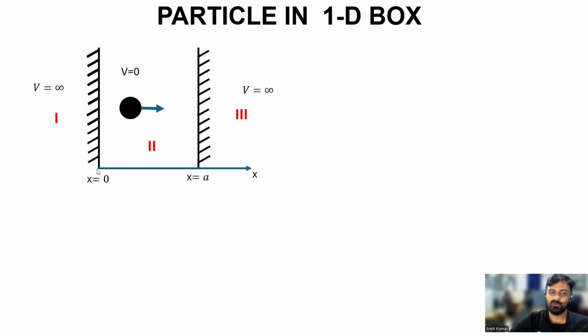So the important point is that the particle can only exist in region two, because region one and region three correspond to an infinite potential barrier. In region two, the potential energy is zero. That means V equals zero. So the particle behaves like a free particle inside the box.